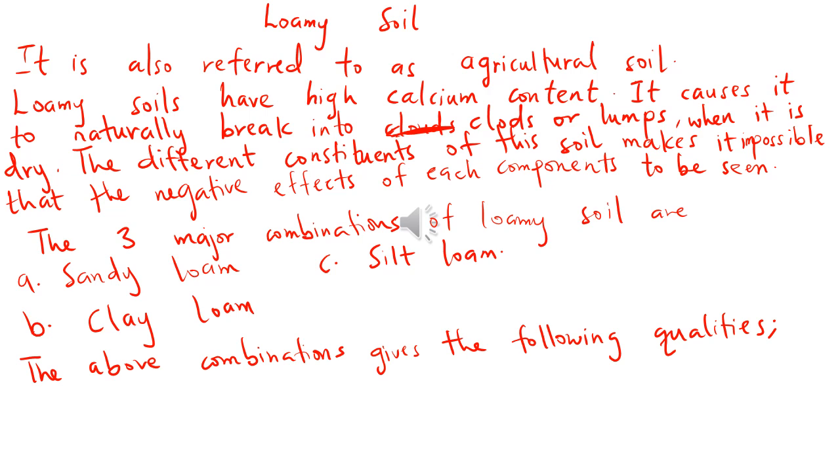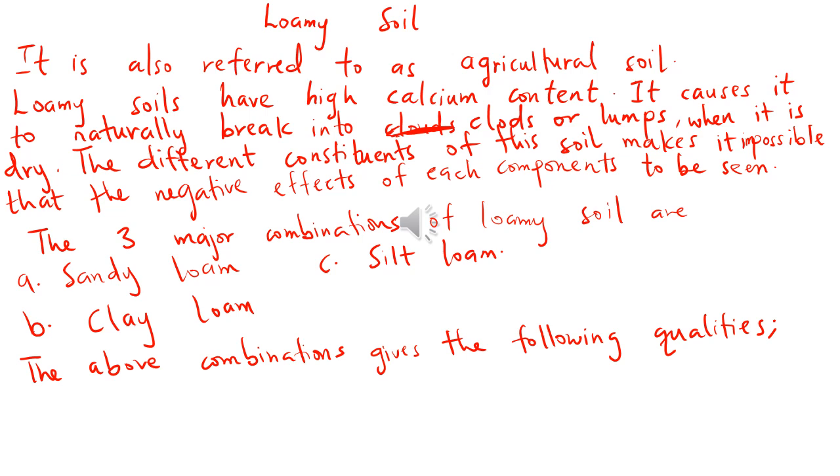So the first quality is good water holding ability. You add this to your notes. It's not on the video or on the screen, so add this to your notes.